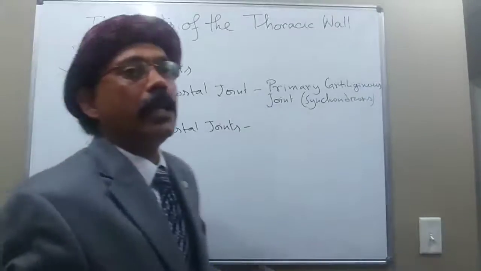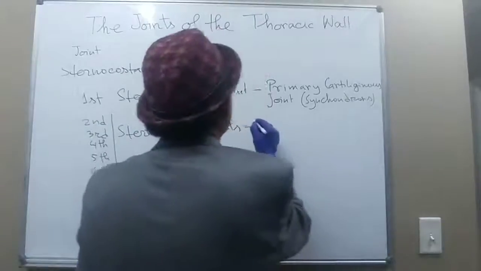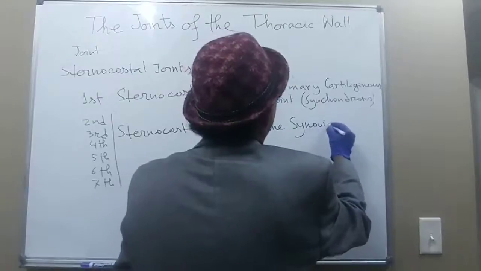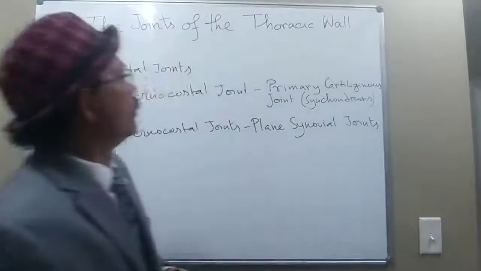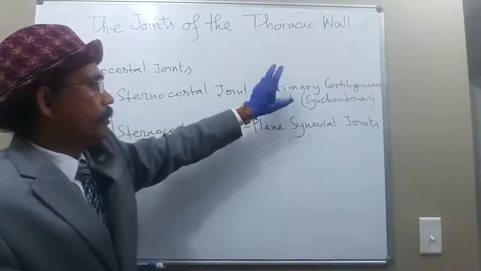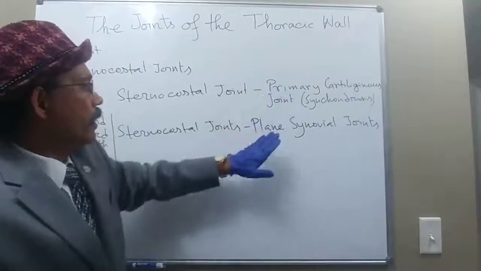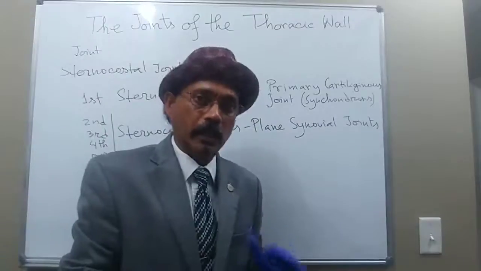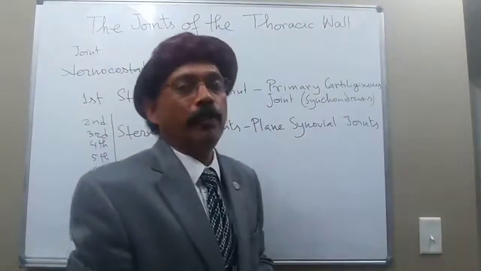These are plain synovial joints. The first joint fixes the first rib with the sternum, so movement is minimum there. Here we get movement: sliding and gliding movement in a plain synovial joint.